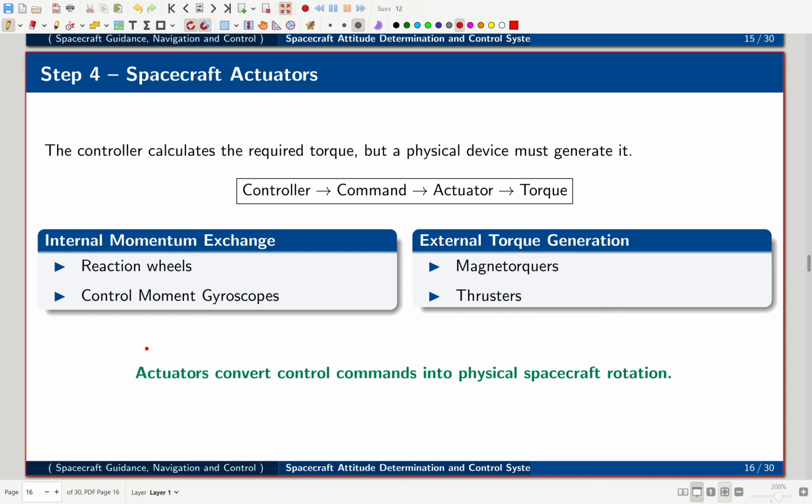So, spacecraft actuators. The controller calculates the required torque, but a physical device must generate it: the controller commands the actuator and torque, right? There are internal momentum exchanges, such as reaction wheels and control moment gyros, and external torque generation, like magnetorquers and thrusters.